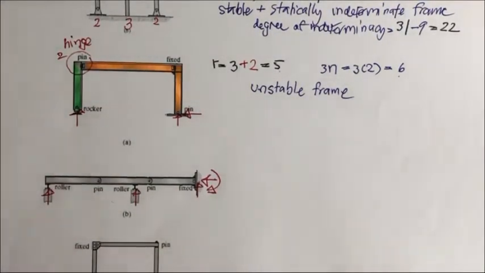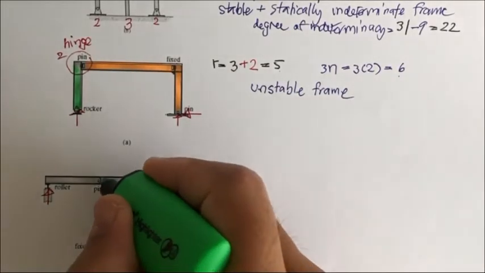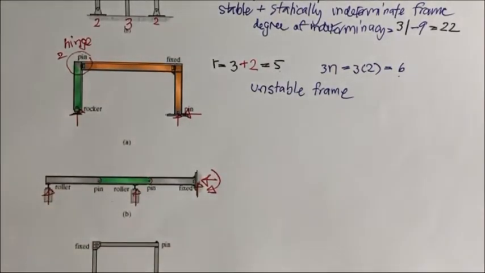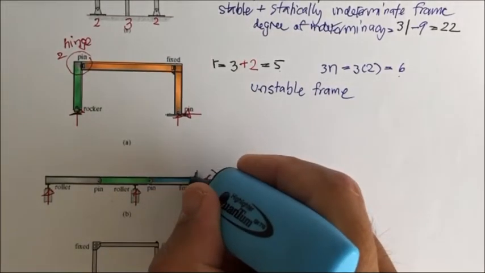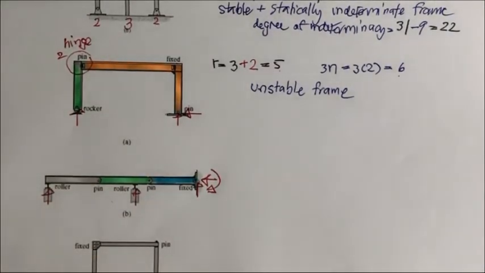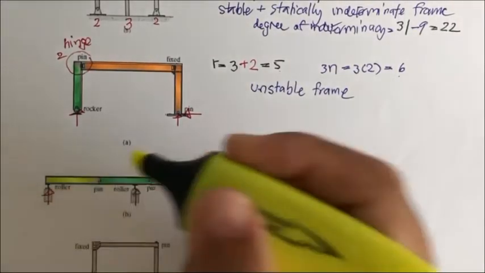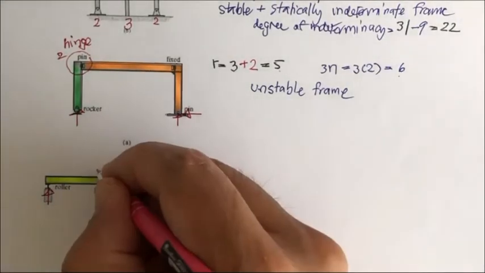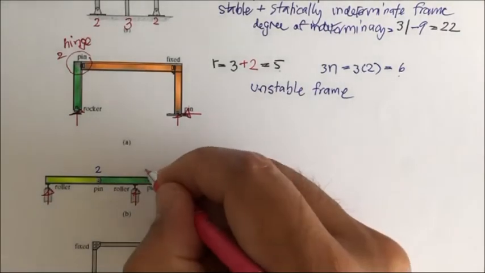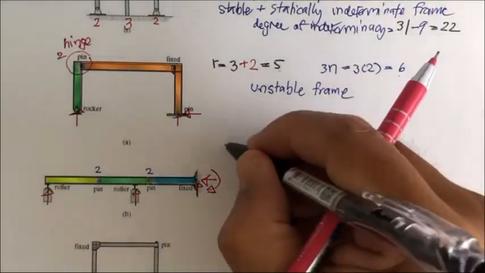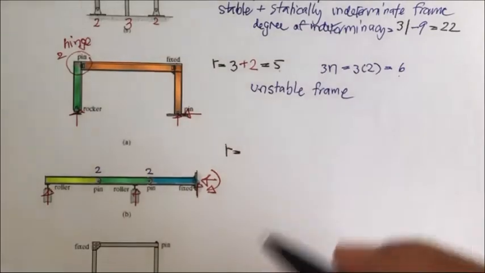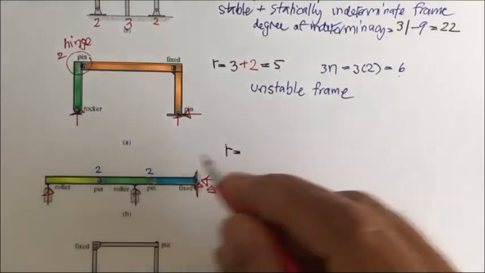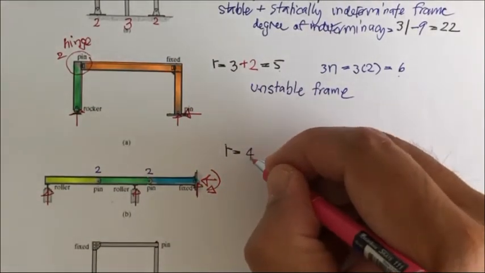And then our beam can be separated into 3 different portions because the beam is connected by the pin as shown. By connecting with the pin, again, this is going to produce 2 unknowns and 2 unknowns. So R is going to be what? 2 plus 2, which is 4.